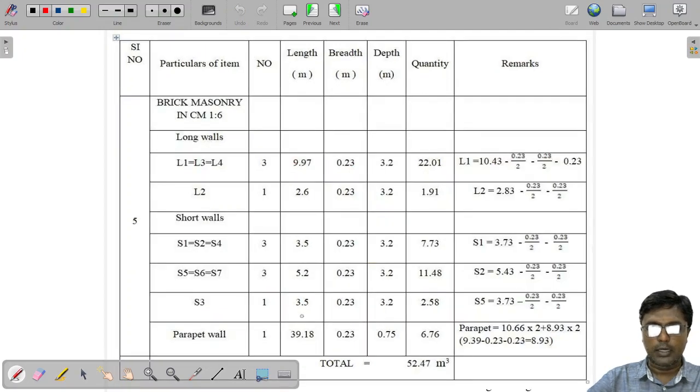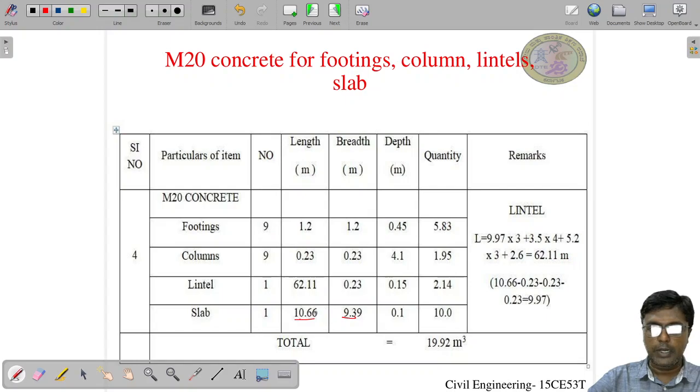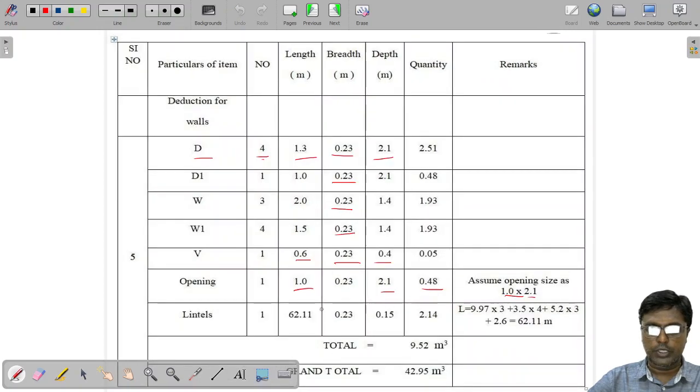Lintels we have calculated here. I have explained how to calculate 62.11. So the same length we will be using here for the deduction. We have to deduct, right? Because lintels we have made out of cement concrete, it is an RCC, reinforced cement concrete item. So we have to deduct it. We don't need it here, but for calculating brick masonry we have taken this length also.